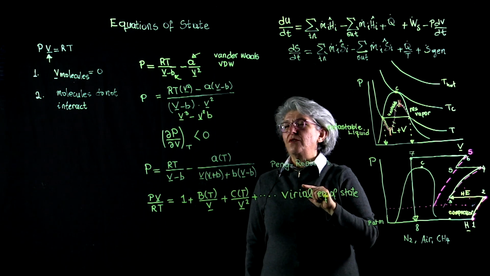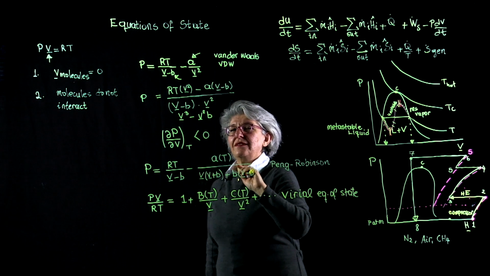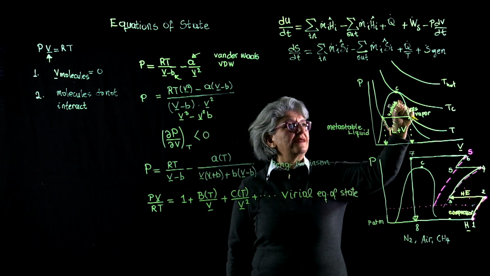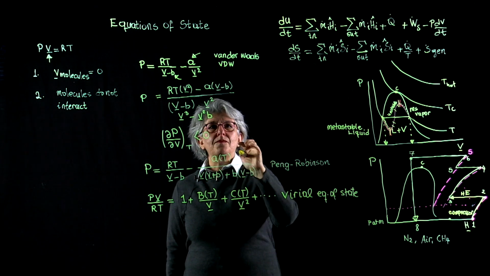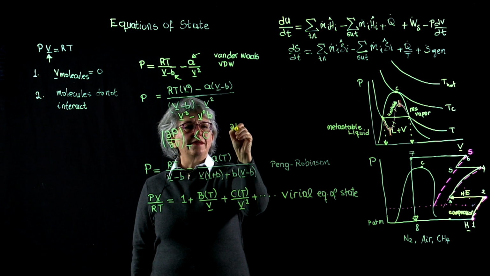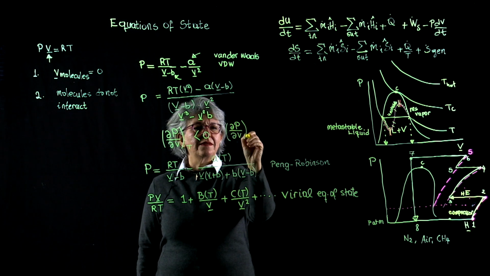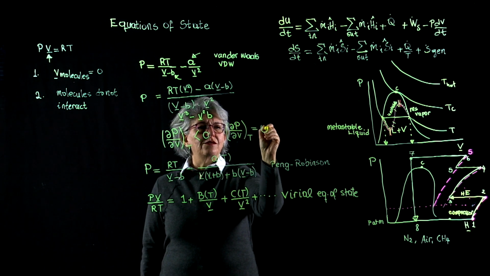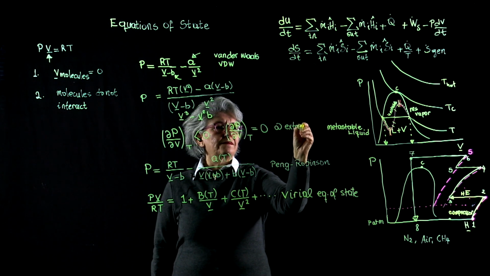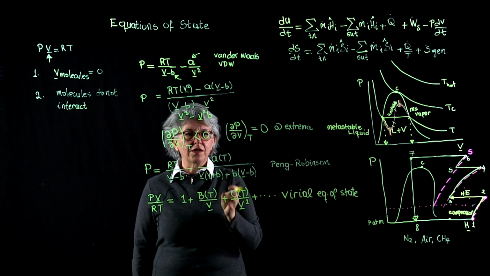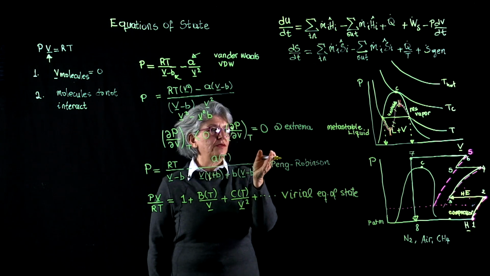At the points of maxima and minima, del P over del V at constant T should be 0 at the extrema. Extrema correspond to maximum, minimum, and also the saddle point.